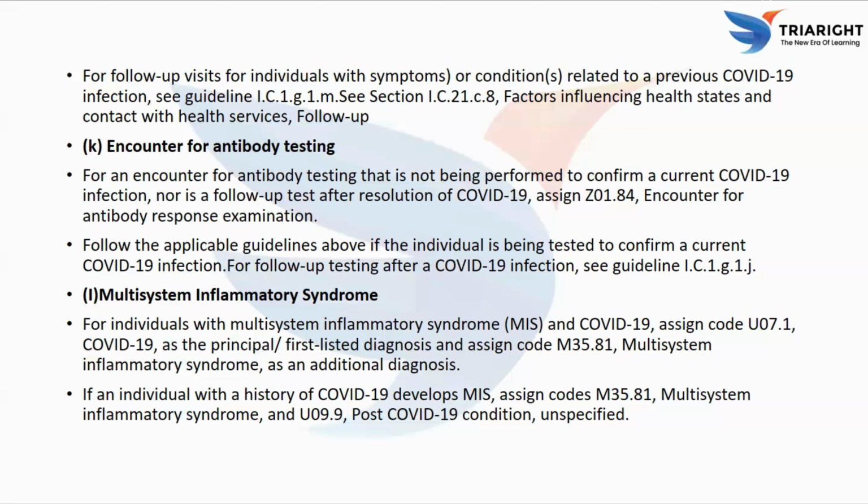This combination shows that MIS has happened as a consequence of the earlier COVID-19 infection. You should always identify the purpose of the visit first. ICD-10 coding depends heavily on why the patient came, whether the infection is current or past, and whether symptoms are new, ongoing, or post-COVID complications.